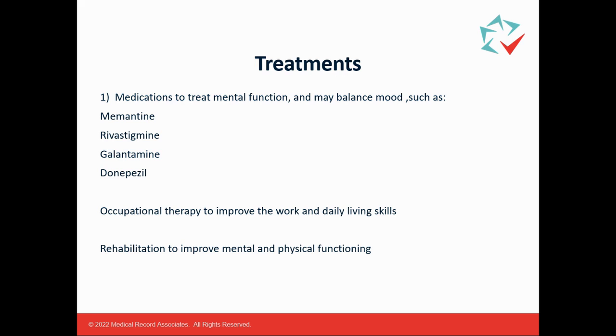I'm sure I probably butchered those, but I'm not exactly sure how to pronounce them. But those are the 4 primary medications that they use for these conditions. They may also give the patient occupational therapy, which is used to improve the work and daily living skills, and rehabilitation, which improves mental and physical functioning.